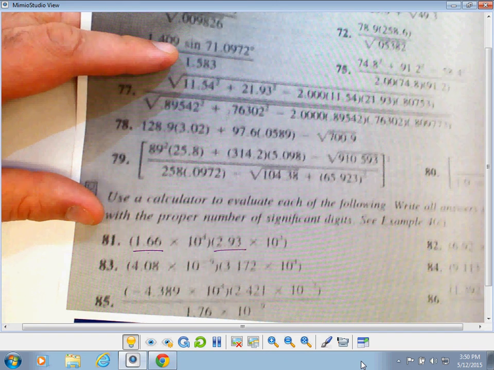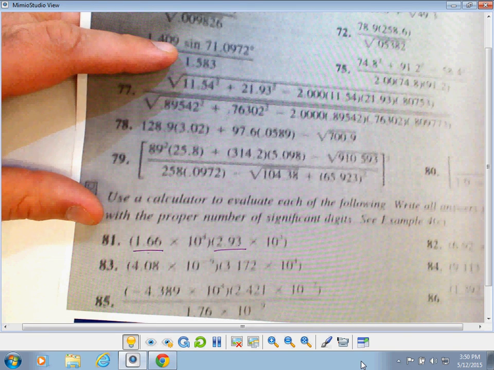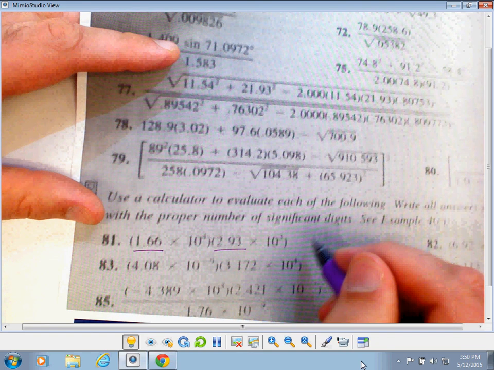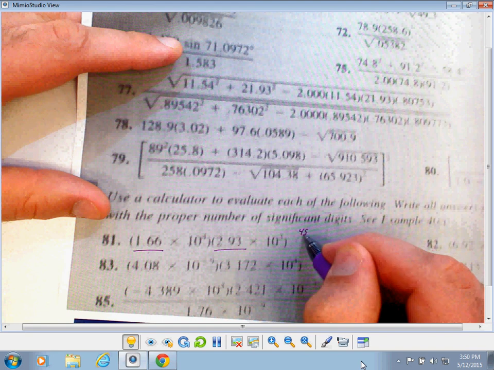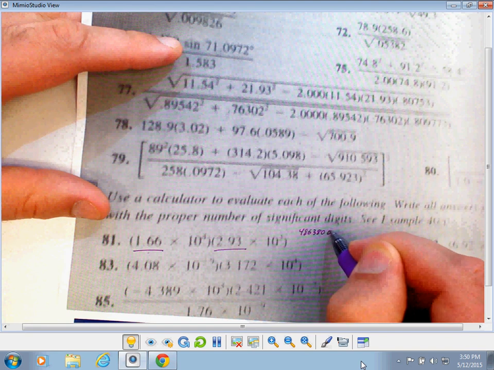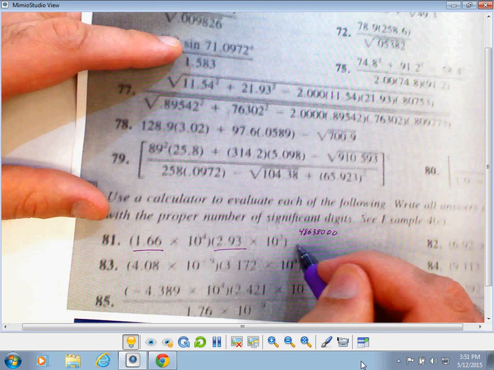So 1.66 times 10 to the 4th times 2.93 times 10 to the 3rd, and it comes out to 4863800 on my calculator, which of course is a crappy old one.